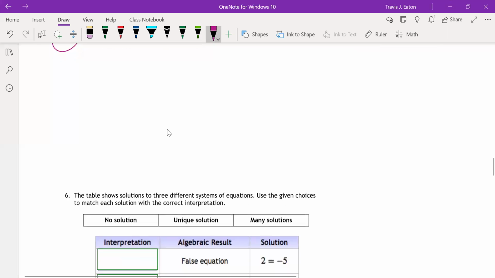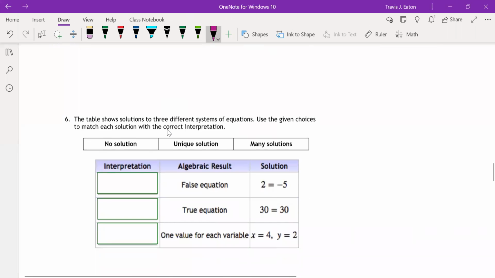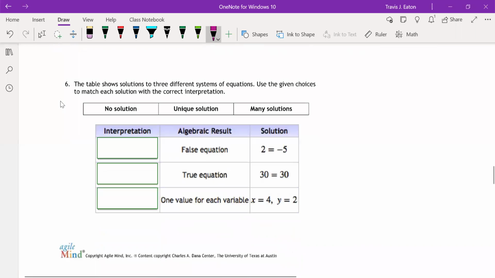So moving on down to number 6. Number 6 says that the table shows solutions to 3 different systems of equations. Use the given choices to match each solution with the correct interpretation. If we end up with a false equation, something like 2 equals negative 5, you should remember that would be no solution, because when there's a false statement, there is no solution.